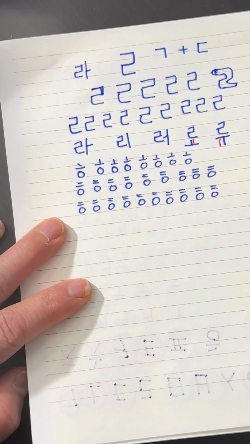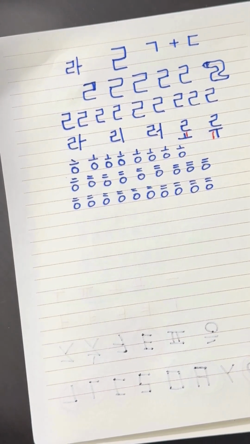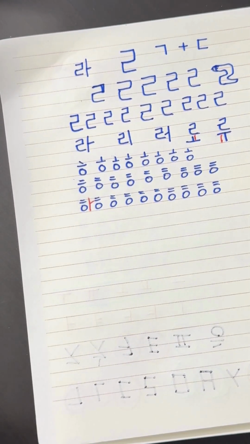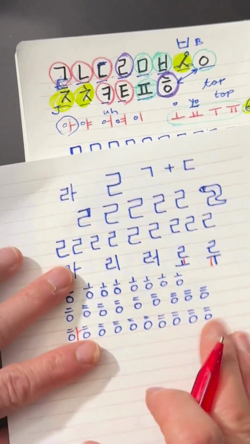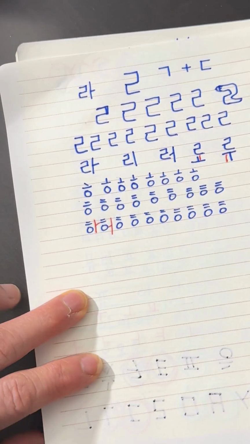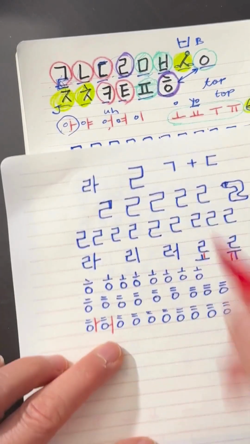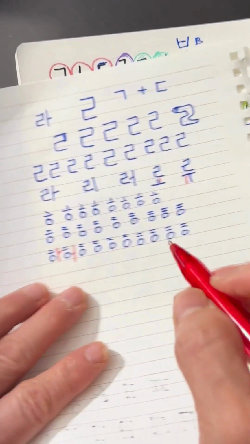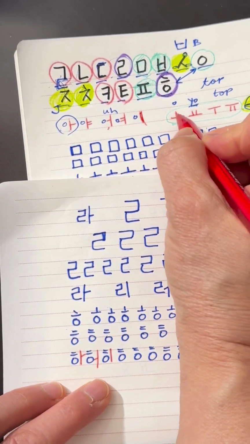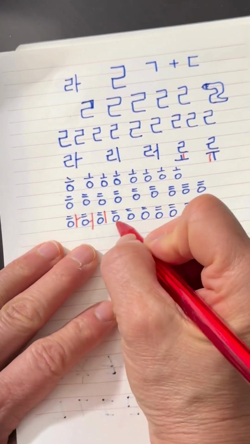Now, how do you write ha? Well, you just put ha. How do you write ho? You put oh. Ho. How do you write he? How about ho, that goes down?